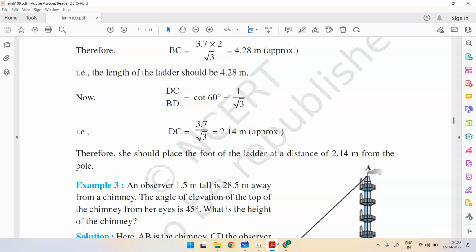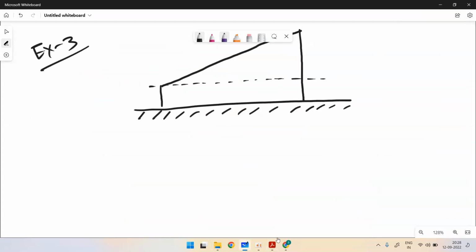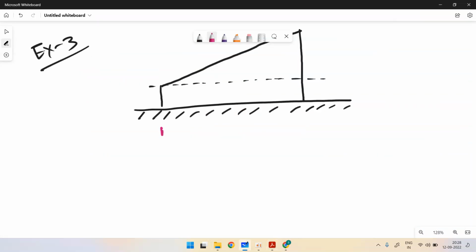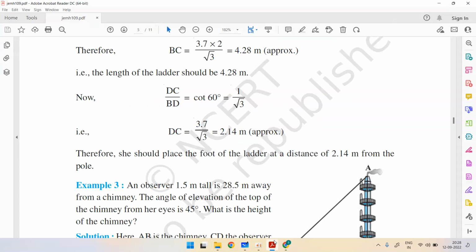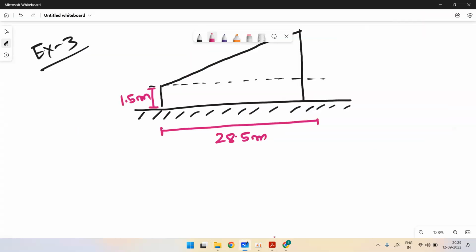The observer is 1.5 meters tall, 28.5 meters away. She is 1.5 meters tall, and the angle of elevation of her eyes is 45 degrees. For this, she needs to elevate her eye up to an angle of 45 degrees.